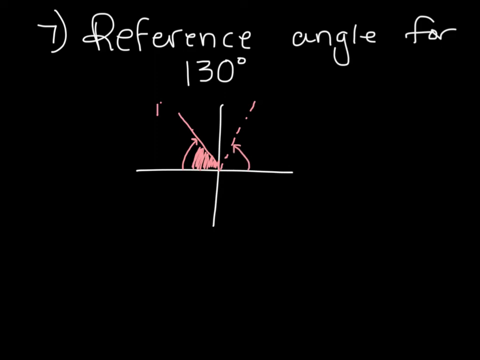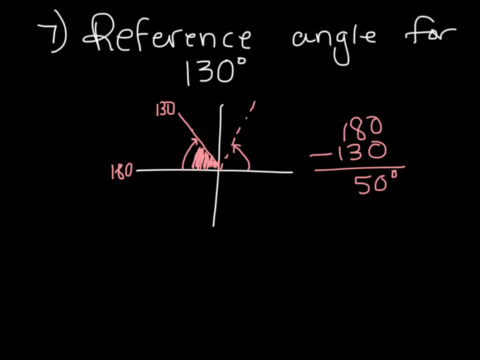So let's take that 130 and the 180 that's down here and find the difference. So 180 minus 130 gives us 50 degrees. It's 50 degrees from here to here, so a 50-degree angle would be the reference angle for 130.